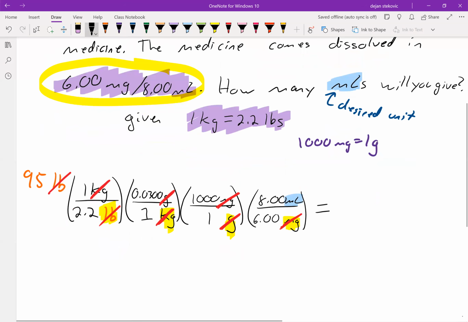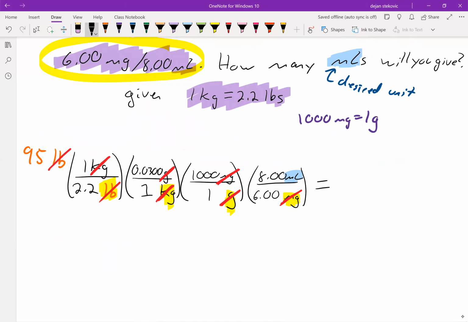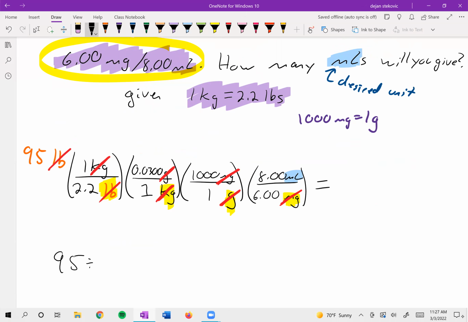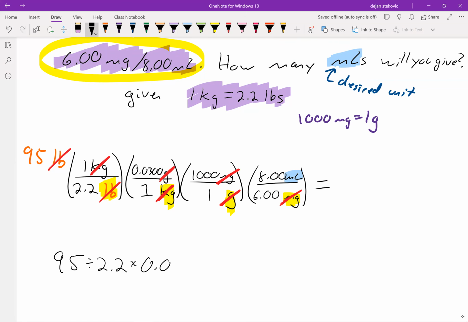And now we can just plug it into our calculator. Again, the way that you plug this in, you do 95, you divide it by 2.2, then you multiply by 0.03, right? You divide by 2.2 because it's in the denominator. You multiply by the 0.03 because it's in the numerator, and then times 1,000, and then times 8 for this 8 milliliter, and then divided by 6 for this one down here.